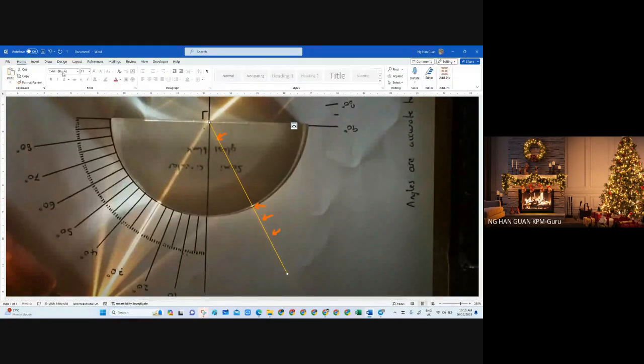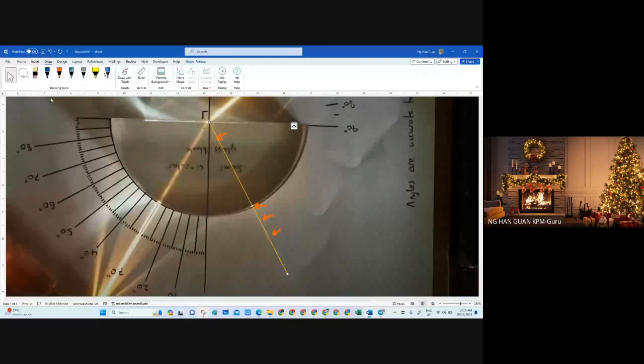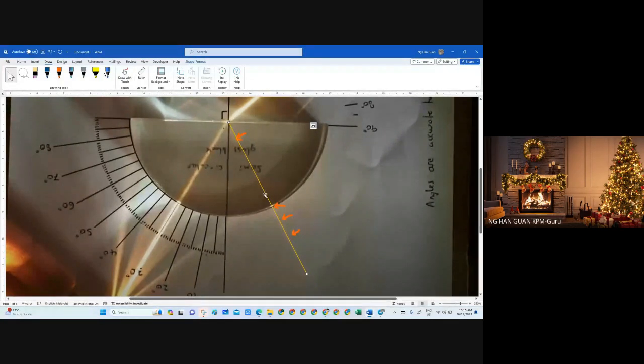Can see, right? So if I move it away, so you see the line, right? This one. Okay, so when you look at this line, you see the angle here compared to this line. This angle, actually they are equal.